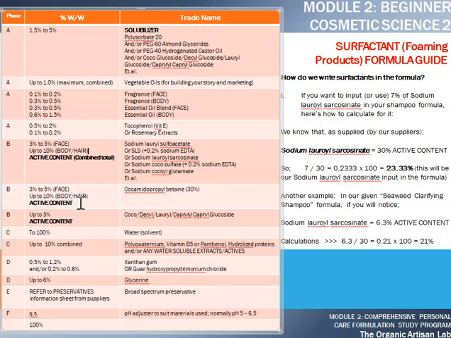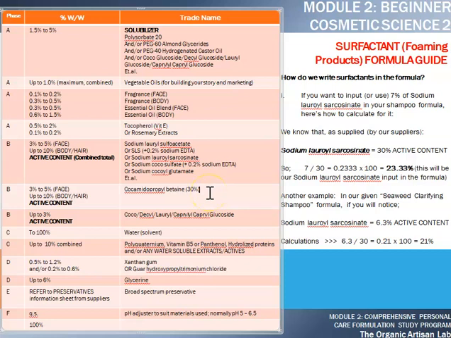Everything is actually here. Now, if you notice here at cocamidopropyl betaine, it says 30% in parentheses, because that is the content of our cocoa betaine when we purchase it from our suppliers. It's actually diluted.